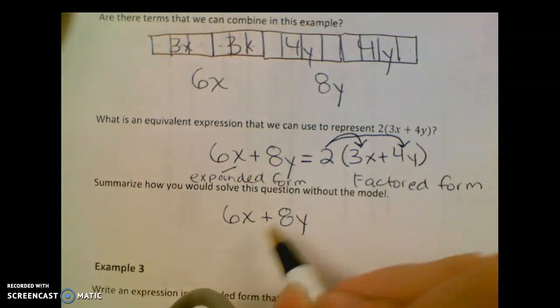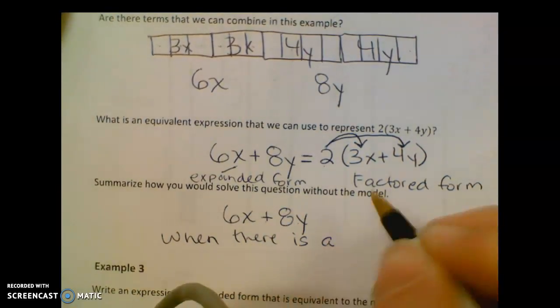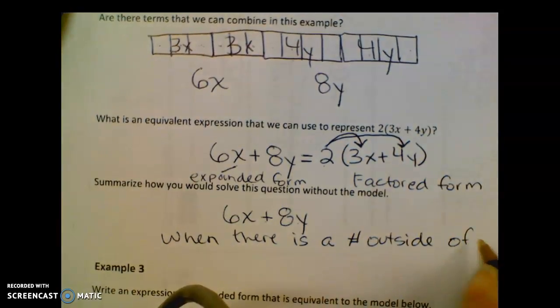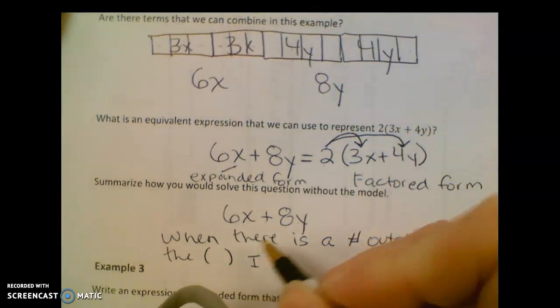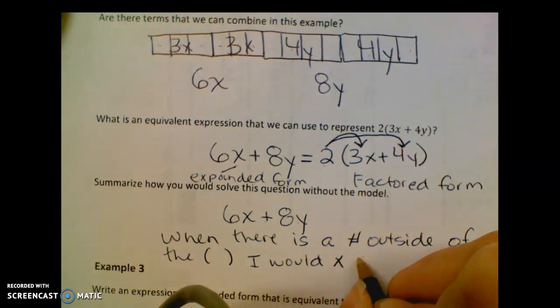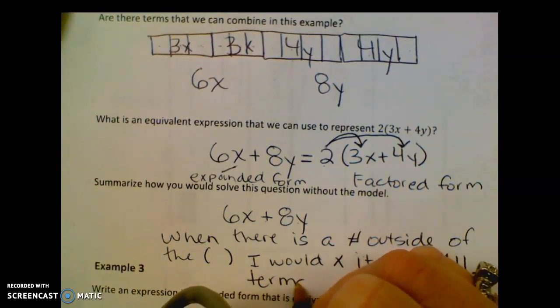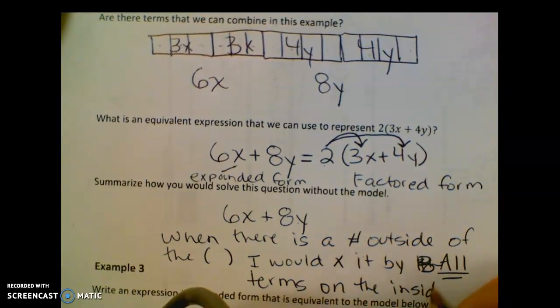So when there is a number outside of the parentheses, I would multiply it by all terms on the inside.